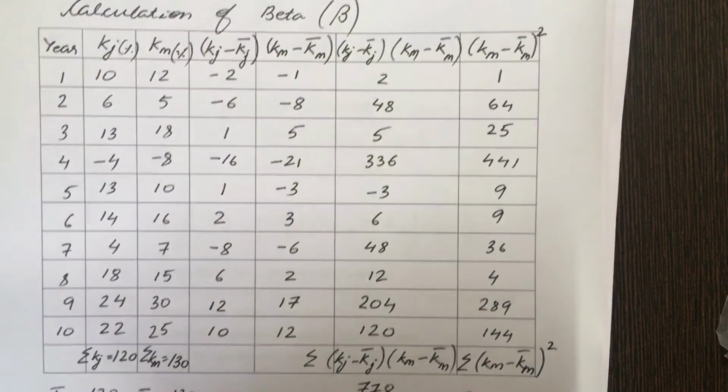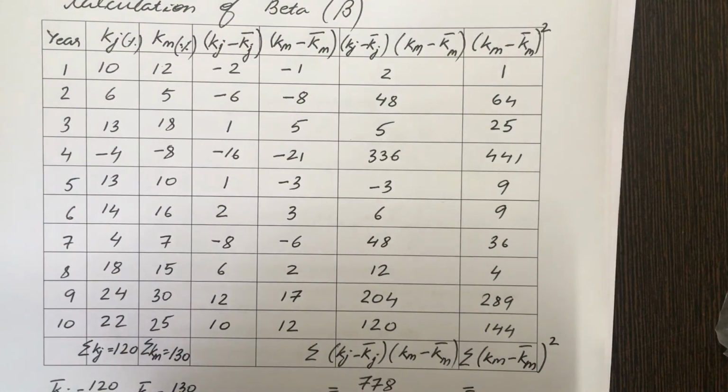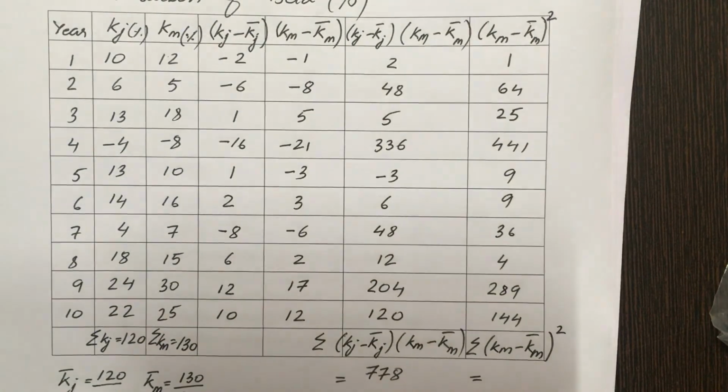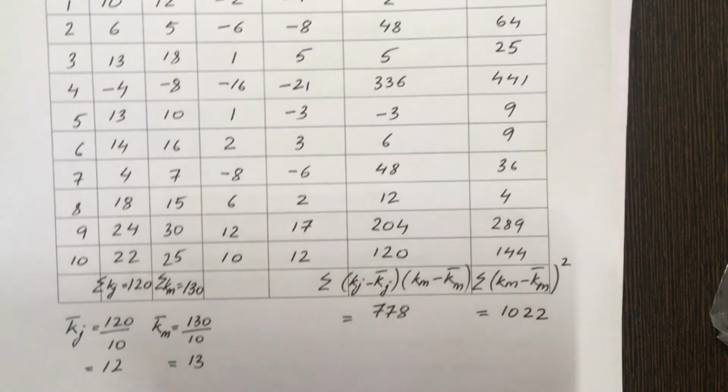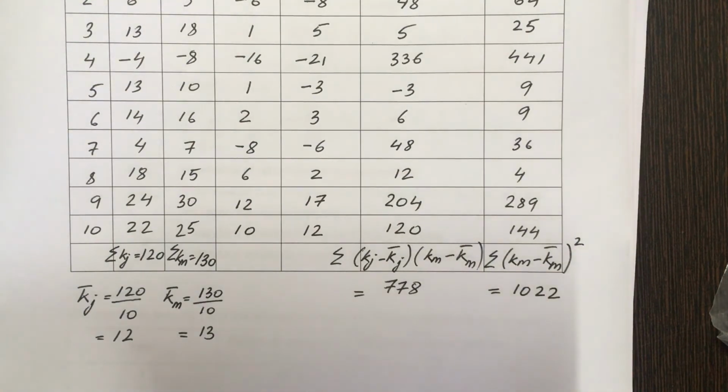That will be equal to 65 plus 25 plus 441 plus 18 plus 36 plus 4 plus 289 plus 144 is equal to 1022.